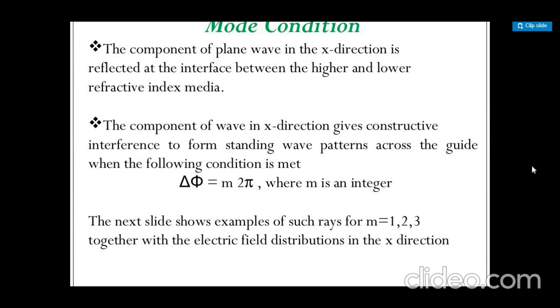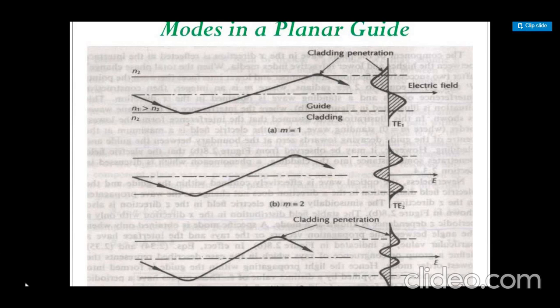Means what? Whenever we want to find the wave patterns in the particular x direction, they are in the form of standing wave patterns across the guide when the following condition is met: delta phi is equal to m into 2 pi. When this happens, only then can the wave be obtained. In the next slide I will show you how it works.